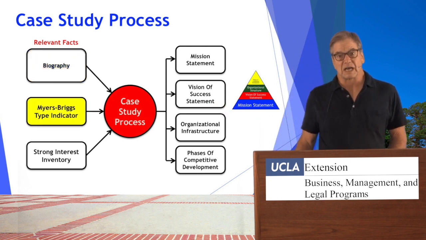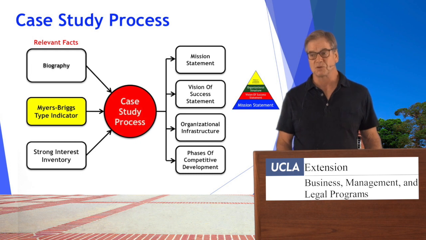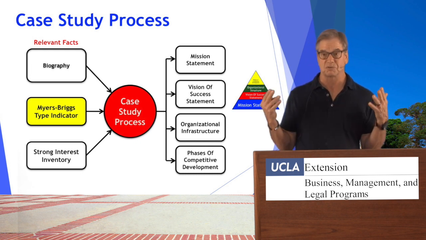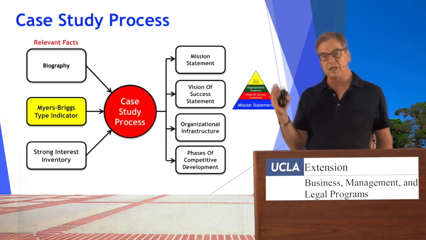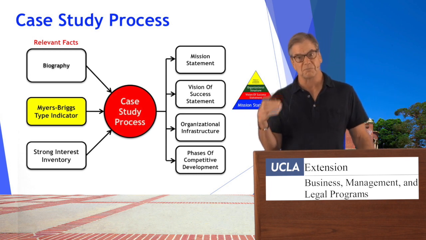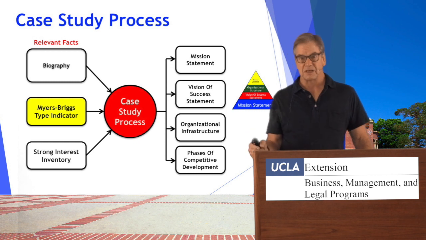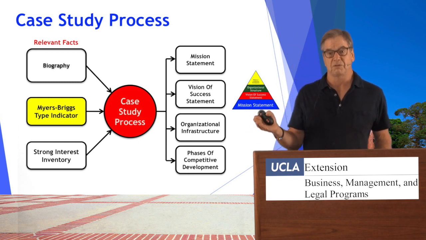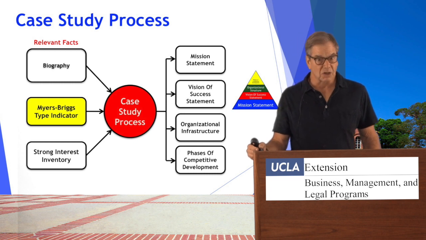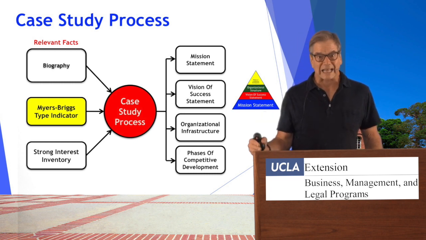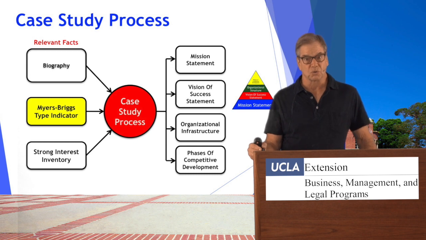Next is the Myers-Briggs type indicator, and these are aspects of you that are innate. You just do that. You don't even think, you just do it. So we know the more that we can align the mission statement, vision, org structure, and phase of development with the unique characteristics of your psychological type, the more likely you are to be successful at what you're going to do.